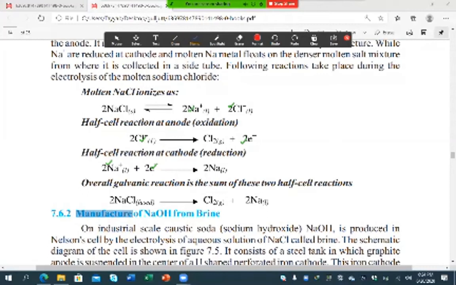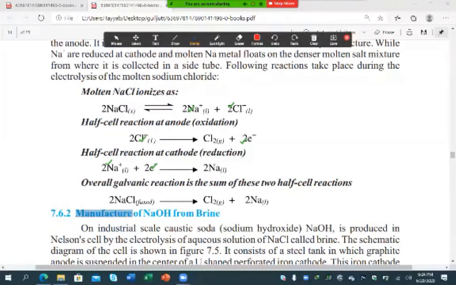Now simple NaCl is here. Next, an arrow, and next chlorine gas and sodium metal. This is the overall equation which remains after 3 steps.